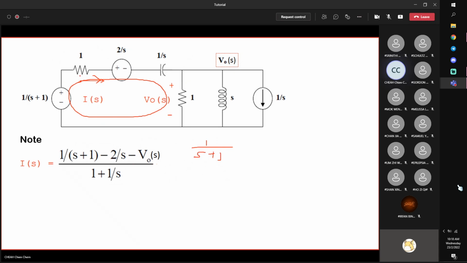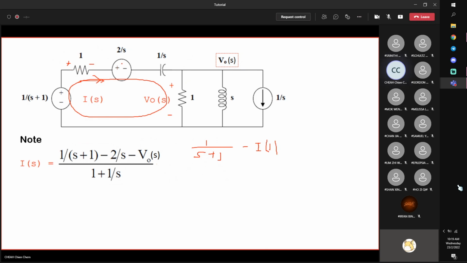Then over here, this is a passive component, so it goes high to low, a drop: IS times 1 ohm, Ohm's law.